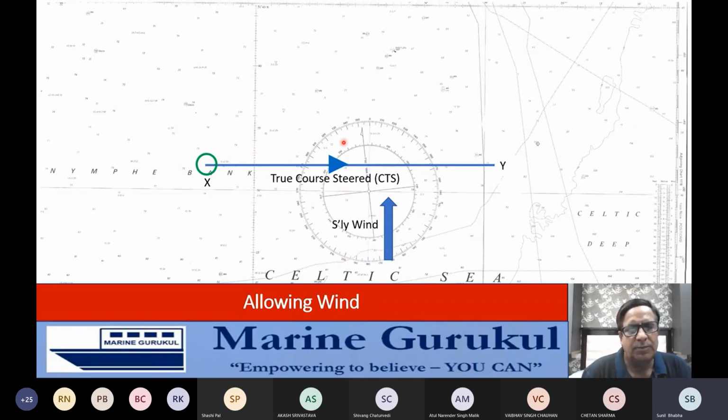So the port side of the ship is the lee side, or the starboard side is the into-the-wind side and the port side is the downwind side. So whichever way you are comfortable, you may remember it. In our case, the leeway shall be applied downwind as shown in the diagram. This is applied on the downwind side or lee side. And this track XZ that we are getting is the effective course or the leeway track.